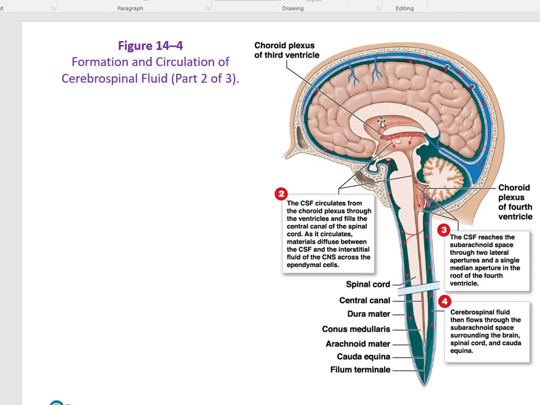So cerebral spinal fluid, when it flows up here, this is called the sagittal sinus, and at these little areas, subarachnoid granulations, we allow cerebral spinal fluid to jump back into the venous system of the body. So you can see this big vein right here in the sagittal sinus that allows cerebral spinal fluid to leave the brain. This keeps us from getting too much fluid on our brain.